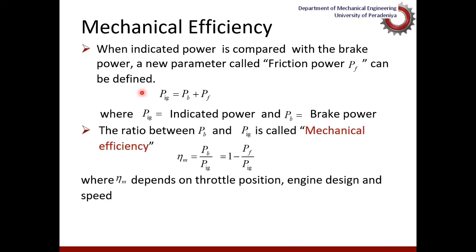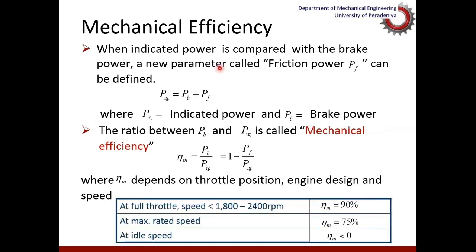The mechanical efficiency is defined as the ratio between brake power and indicated power, which indicates how much frictional effect there is. So if the mechanical efficiency is larger, the frictional losses will be smaller, and vice versa.